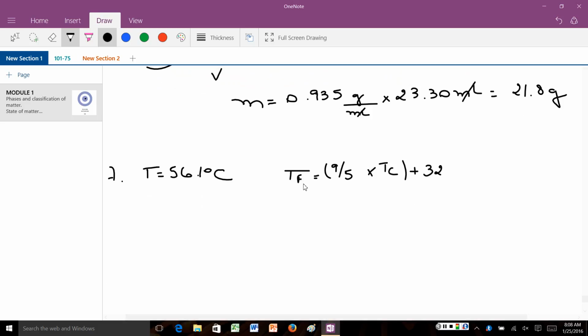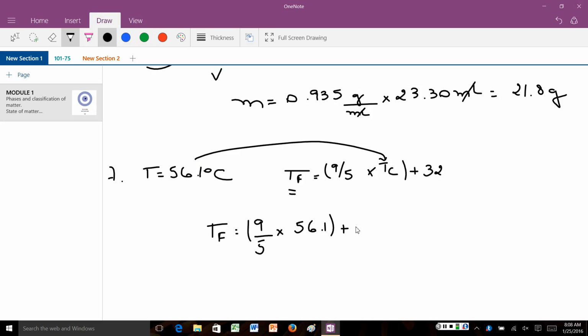This formula is already isolated for temperature in Fahrenheit, so we just replace the temperature here. Temperature is going to be 9/5 times 56.1 plus 32, which is going to be 133 degrees Fahrenheit.